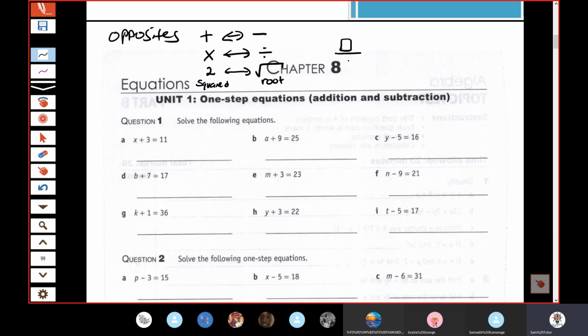So if you look at your calculator, you're going to have a fraction button. Then you'll have a square root button. That's the square root. Then next to it, you'll have your x squared. So that's your squared button. And that's your square root. So these guys are opposites of each other as well.